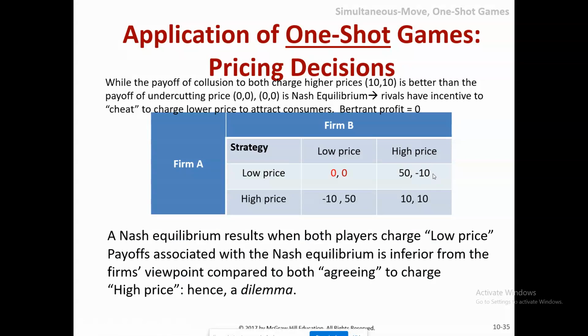Payoffs associated with the Nash equilibrium are inferior from the firm's viewpoint compared to both agreeing to charge a high price. So apparently 10-10 is better than 0-0. This is the application of prisoner's dilemma in the economics world.